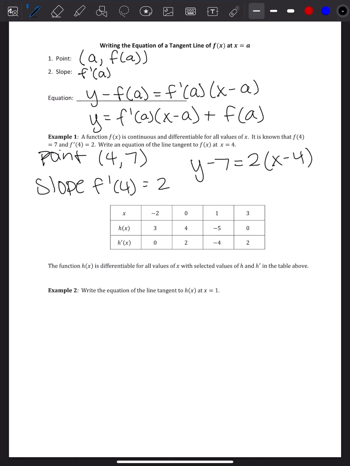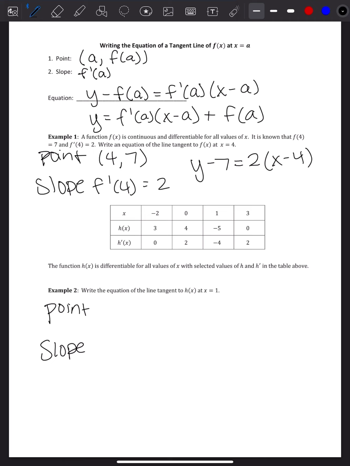The function h of x is differentiable for all values of x, with selected values of h and h prime in the table above. Write the equation of the line tangent at x equals 1. The main thing here is just knowing how to use the table. We need a point, and we need the slope.